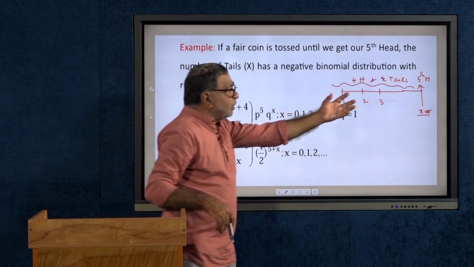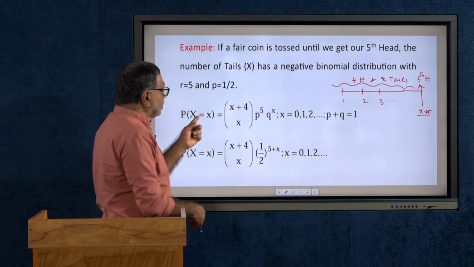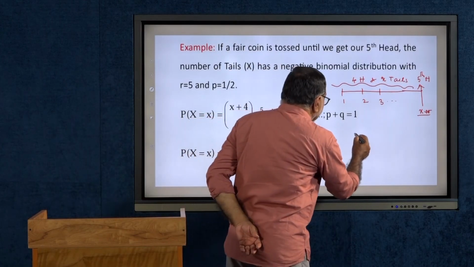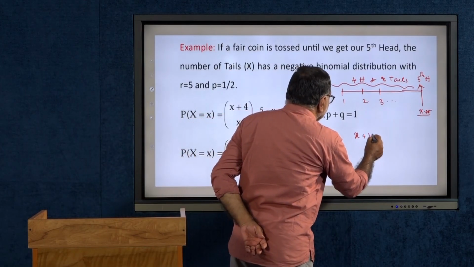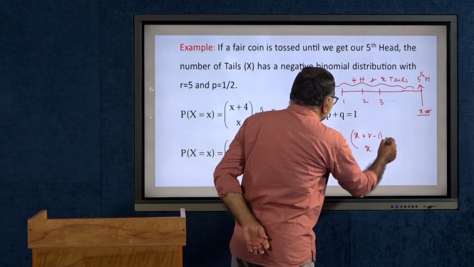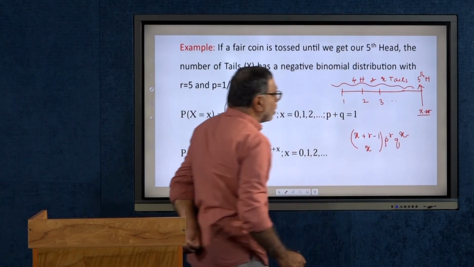So, before that we have 4 heads and X tails. So, that means probability of X equal to X. Earlier we have the general model: (X + R - 1) C X, P power R, Q power X. This is the general value.